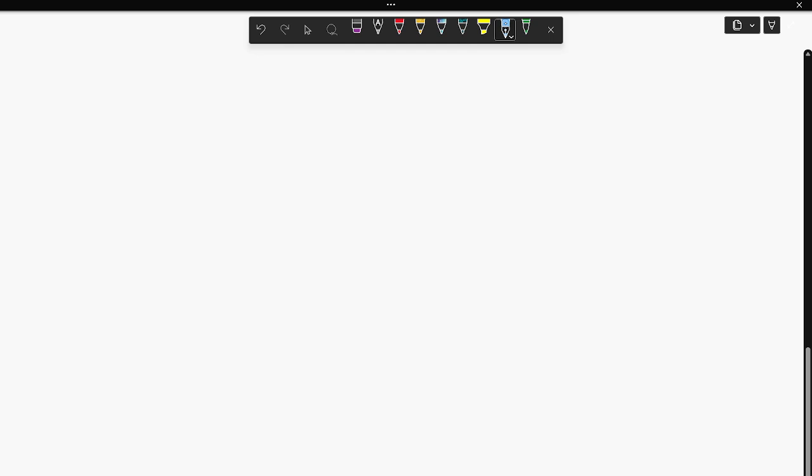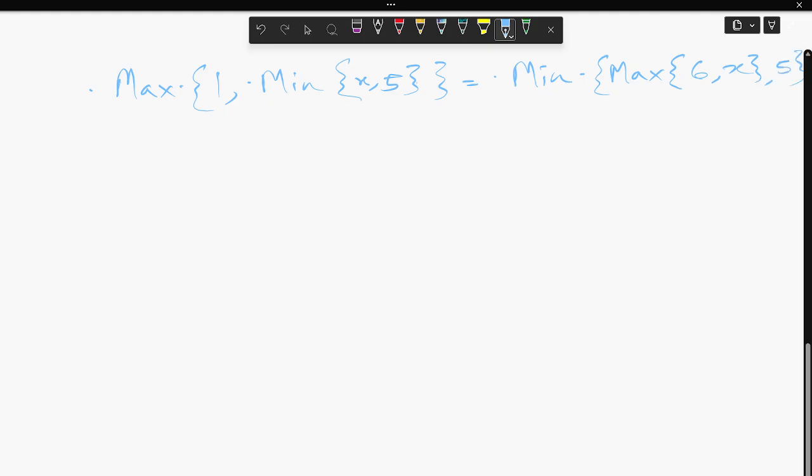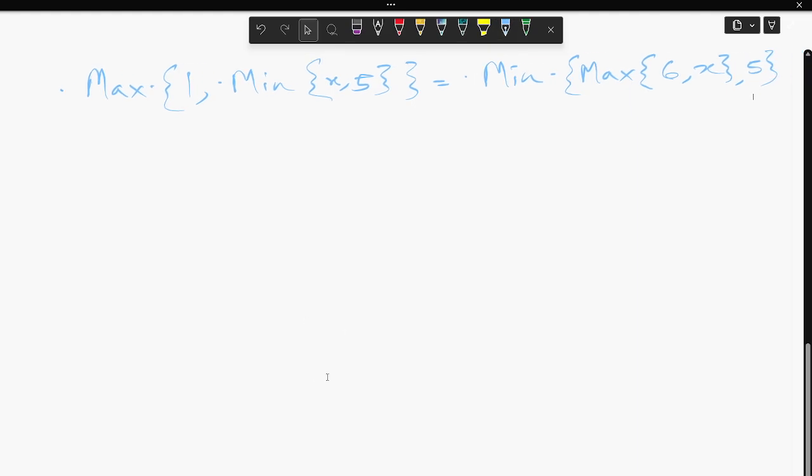Then we will get the maximum of 1 and the minimum of x comma 5 is equal to the minimum of the maximum of 6 comma x, comma 5. So now, after that, we solve for x.